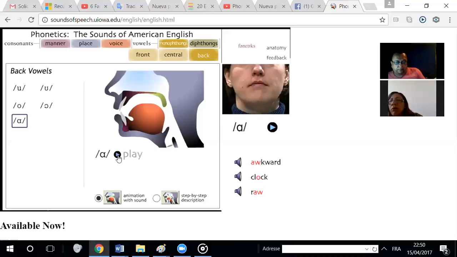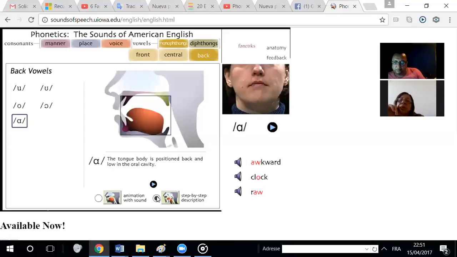Try to read carefully the description. The tongue body is positioned back and lower in the oral cavity. Low. Good.